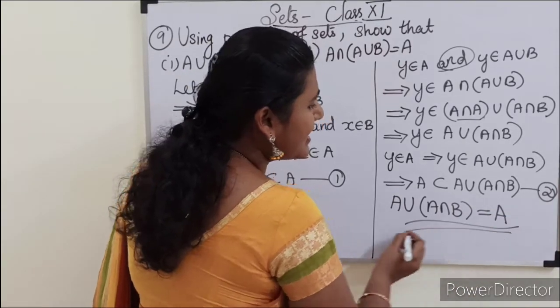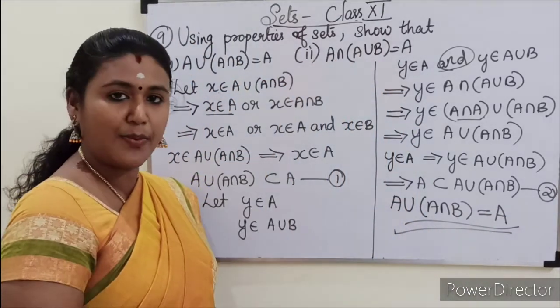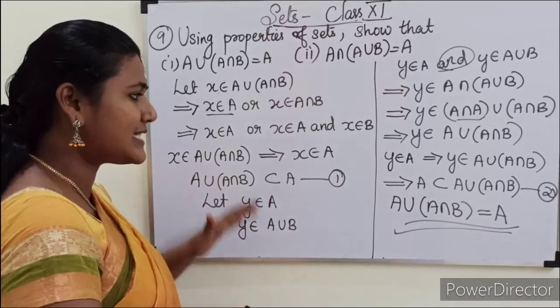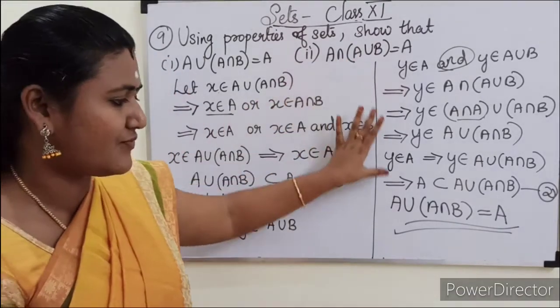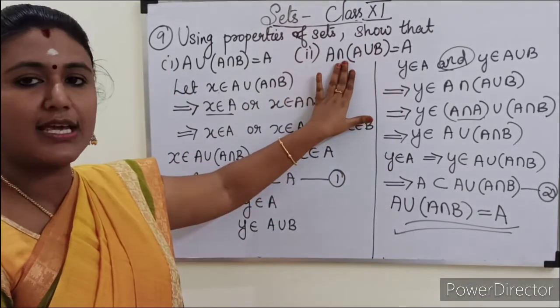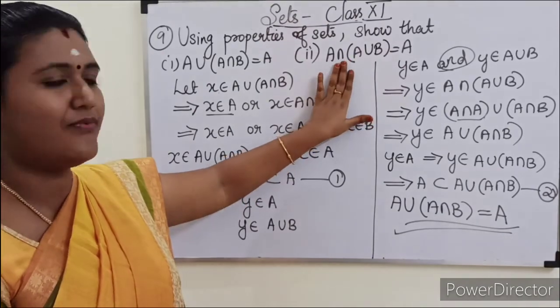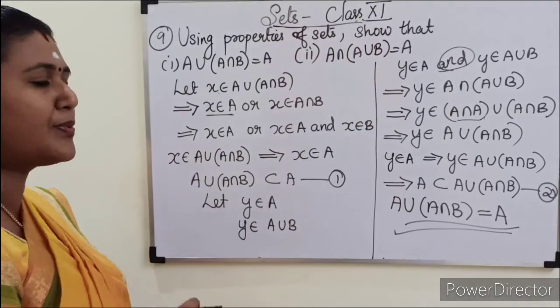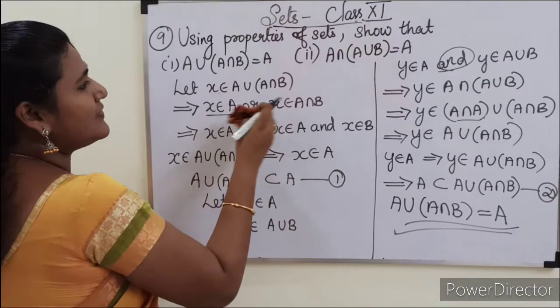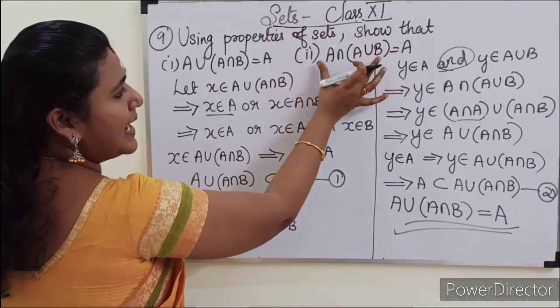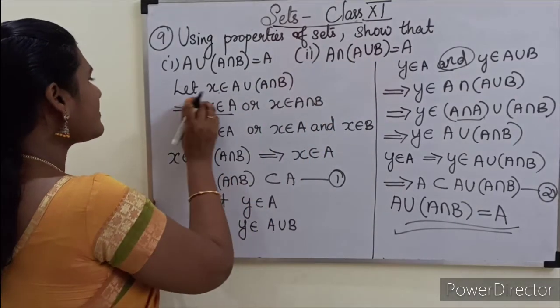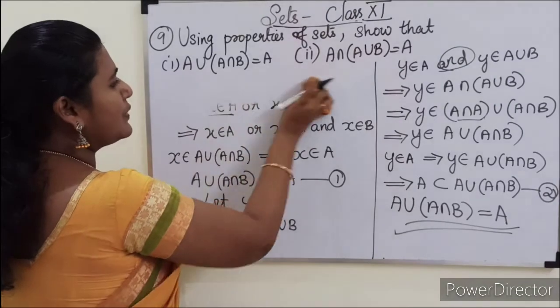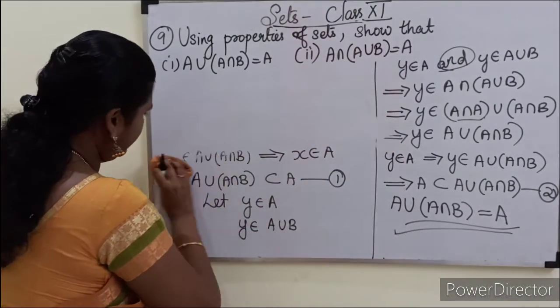So similarly you can prove the second part also. How we have proved the first part, similarly we can prove the second part. So now we will see how to prove the second part. First we will take an arbitrary element in this set.